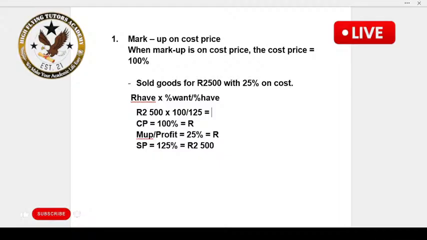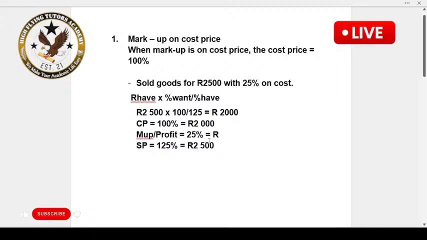How much is the answer right there? 2,000. The answer is 2,000 rand. People are getting 2,000 rand right there, I see on the chat. So that is your cost price. Your cost price is 2,000.